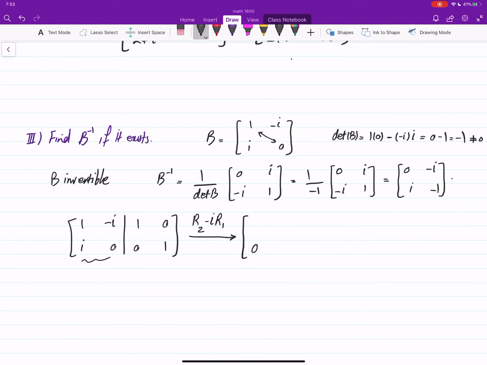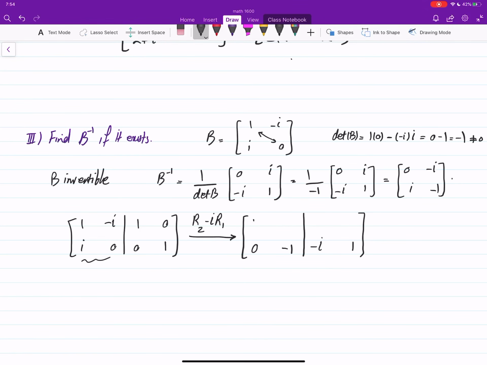Negative I times negative I, that will be negative 1, added to 0, this is negative 1. And this will be negative I, 0 minus I times 1, and 1 here.